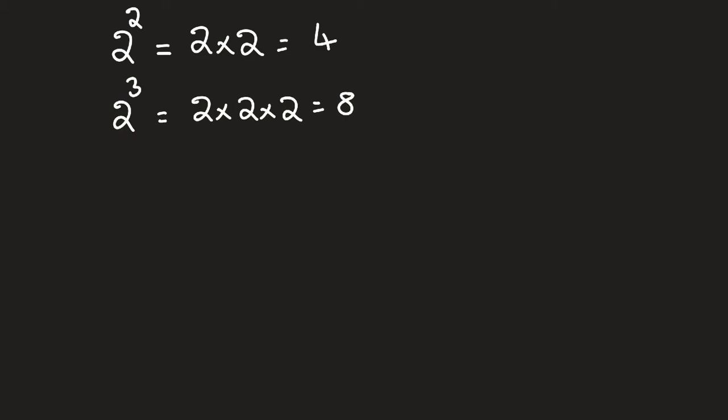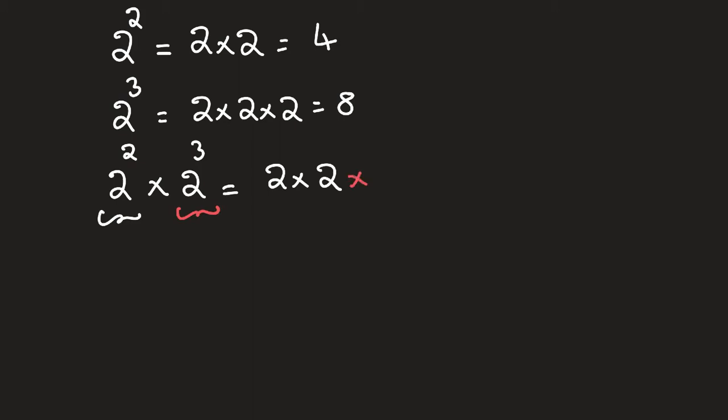Now, think carefully. What will 2 to the power 2 times 2 to the power 3 be equal to? Can you guess? 2 to the power 2, can I write it as 2 times 2? Yes. And 2 to the power 3, can I write it as 2 times 2 times 2, which is nothing but 2 to the power, how much? 1, 2, 3, 4, 5.